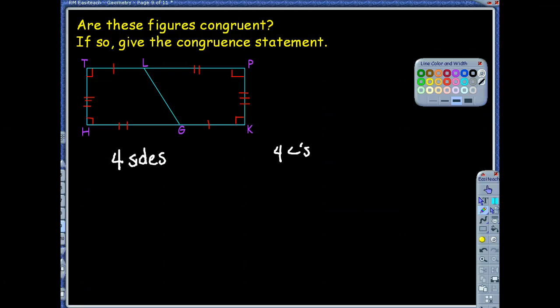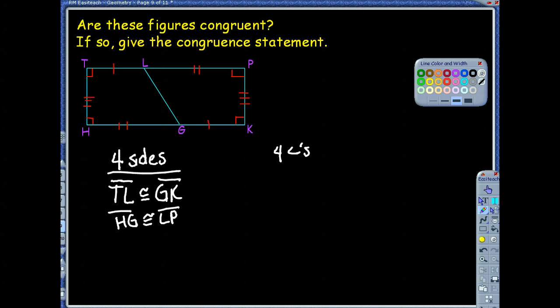Let's take a look at this picture, and let's start with sides for a minute. I see some already. Segment TL is congruent to segment GK, and this is all given to us by the picture. Then segment HG is congruent to segment LP, again because of tick marks.